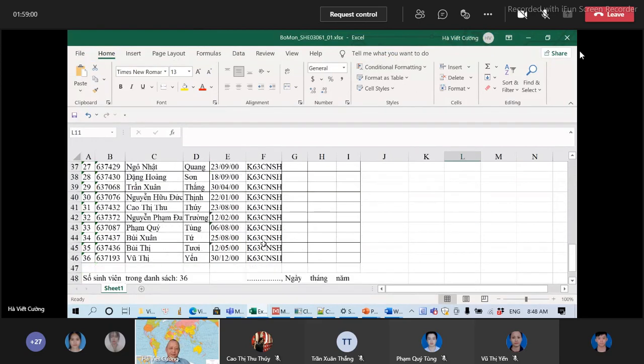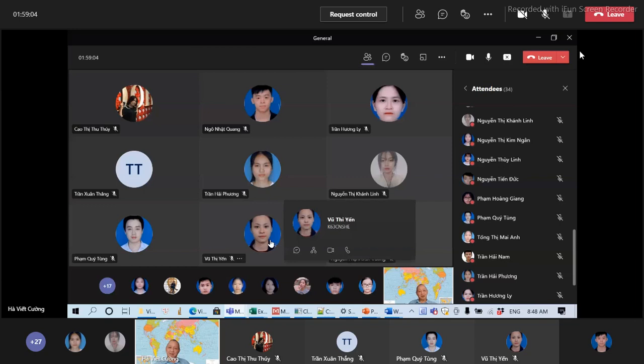Statistic again. Vũ Thị Yến. This is a random number. Now, Vũ Thị Yến. Reverse transcription. Reverse transcriptase. Là cái gì đấy? Yến vào đây không?